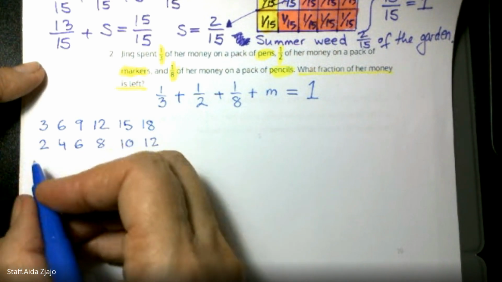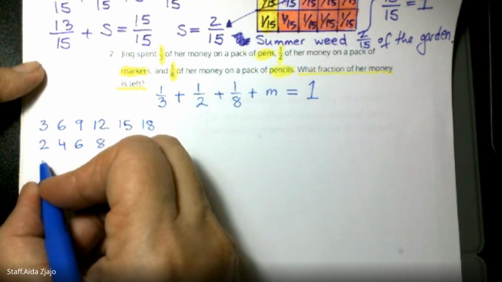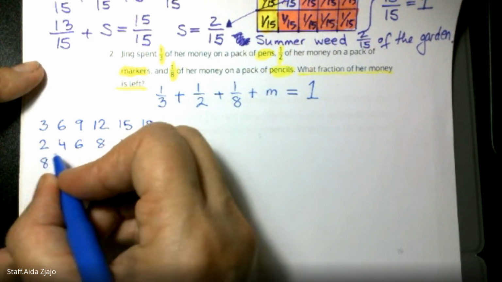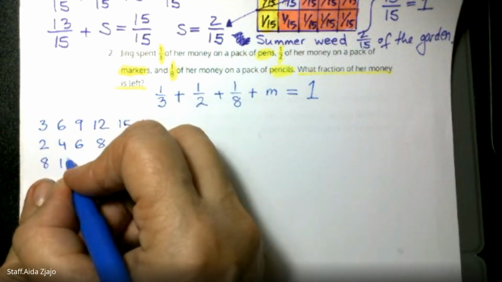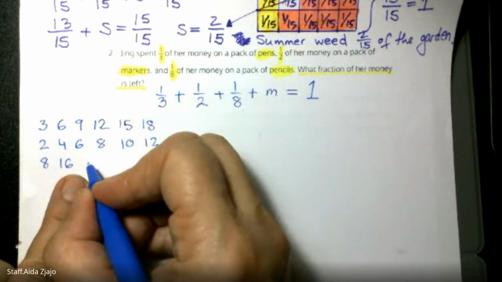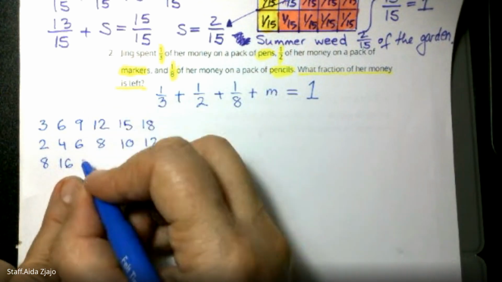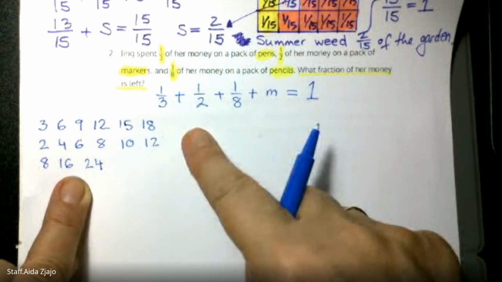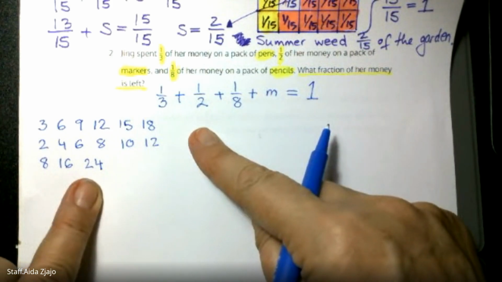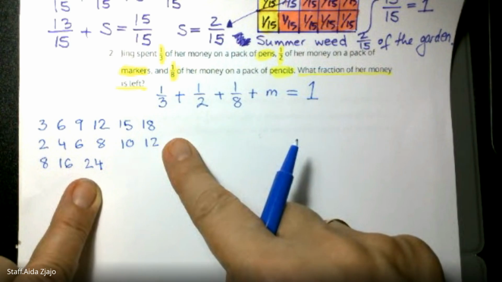But when we think about 8, 8 plus 8 is 16, and 8 plus 8 is 24. So we need to see if we can go all to 24 for these numbers.